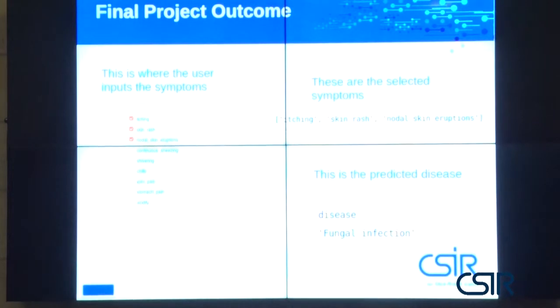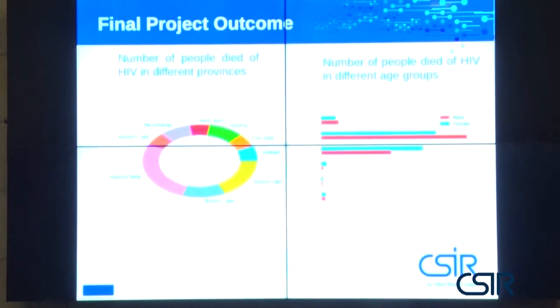For an example, we took HIV and we used the year 2016. As you can see on this chart, more people were affected by the disease in KZN than in all other provinces.